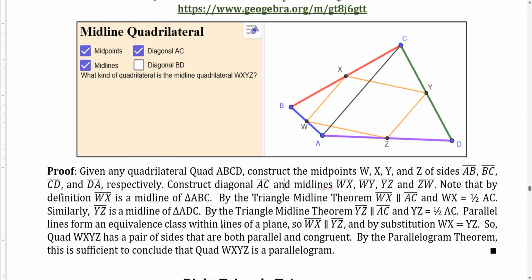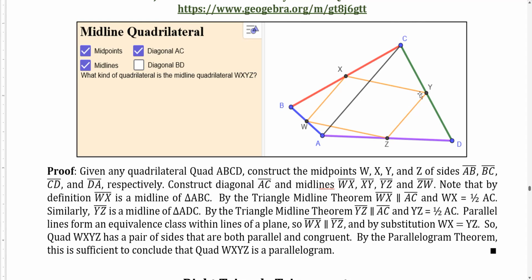Construct diagonal AC and midlines WX, XY, and ZW. And note that by definition, WX is a midline of triangle ABC. By the triangle midline theorem, we know that it's parallel and half the length of the other side, which is our diagonal AC. So WX, that distance, is 1/2 the distance AC.